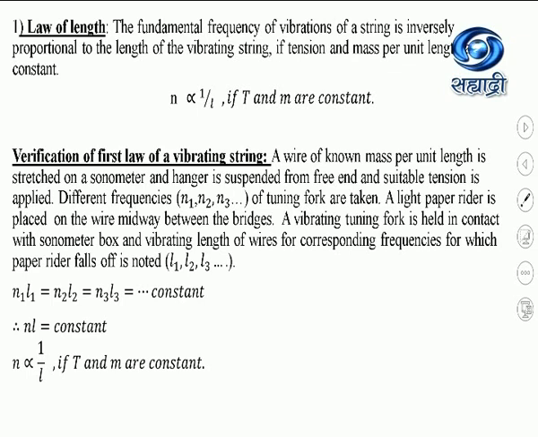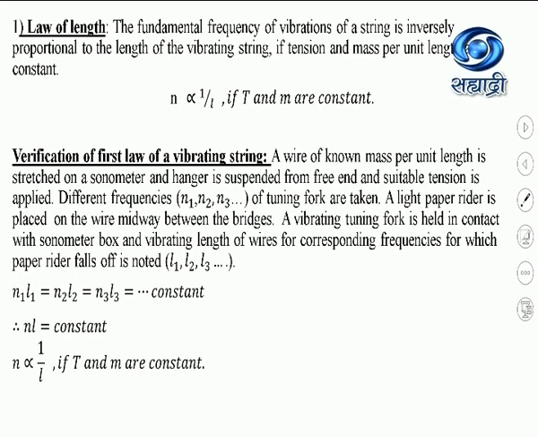Then it is found that the product N1 L1 is equal to N2 L2 is equal to N3 L3 is equal to a constant. So in general, we can write NL is equal to constant, and therefore the fundamental frequency is inversely proportional to vibrating length if tension T and linear density are constant.